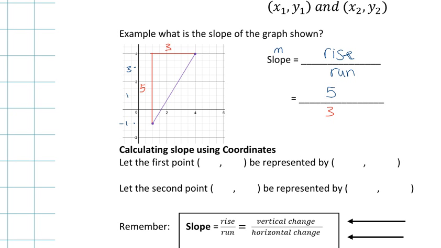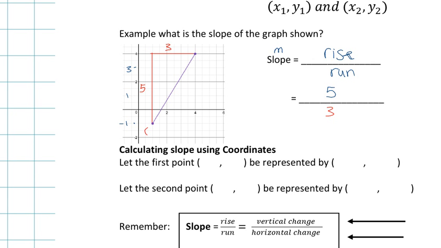Now, what if I don't have a graph? Let's look at the first point. Can you guys tell me what this point is? What's the x value? The x value is 1.